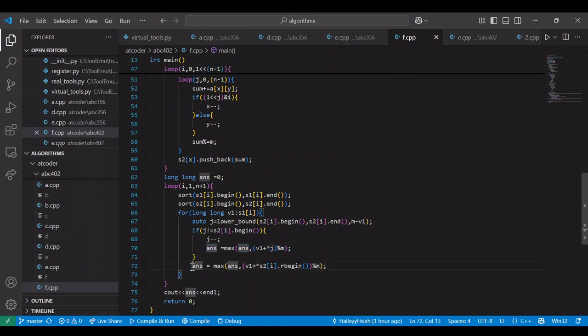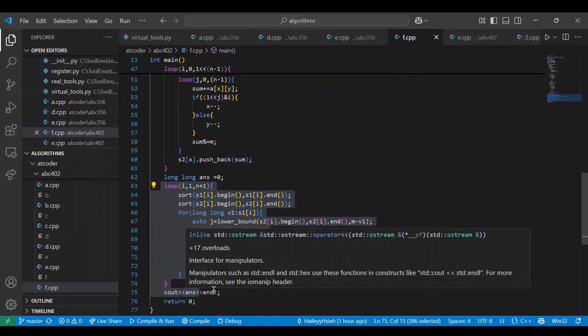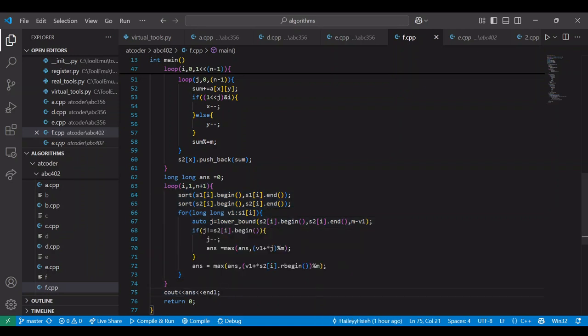Another way we can check the maximum is if we add the current value with the largest value from the end to the middle, so the largest value in S2i. And so we can find the maximum of all of these values, and at the end, we output the answer. And thank you for listening.